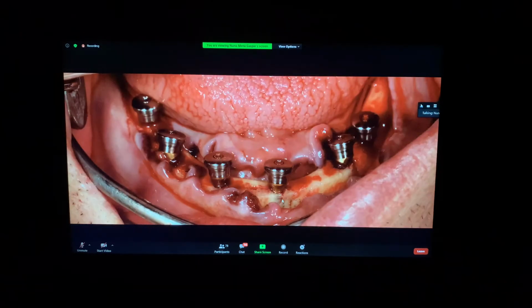On the buccal, we had the issue because the buccal crest was too thin.